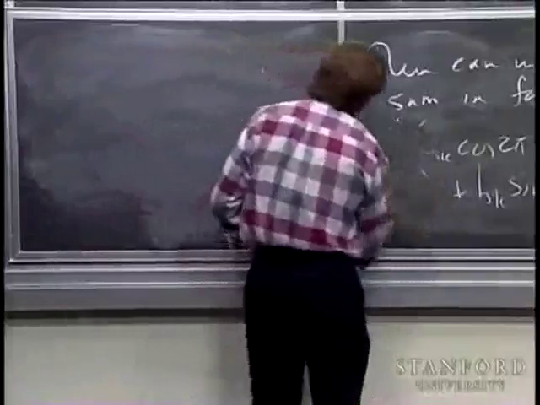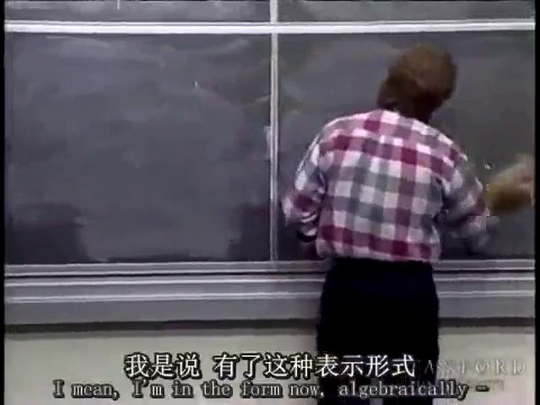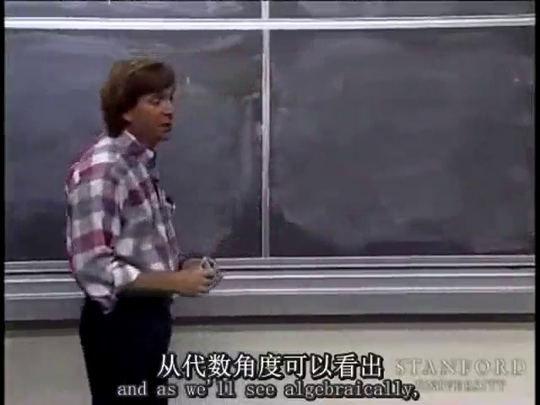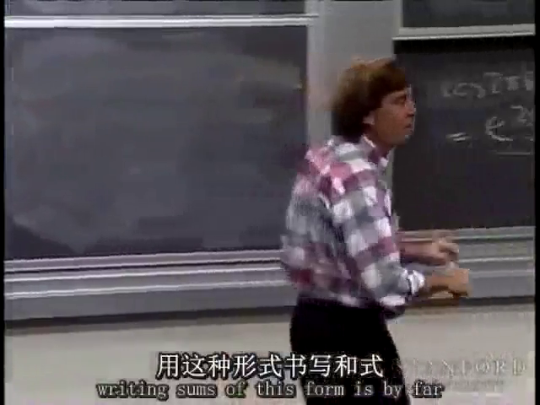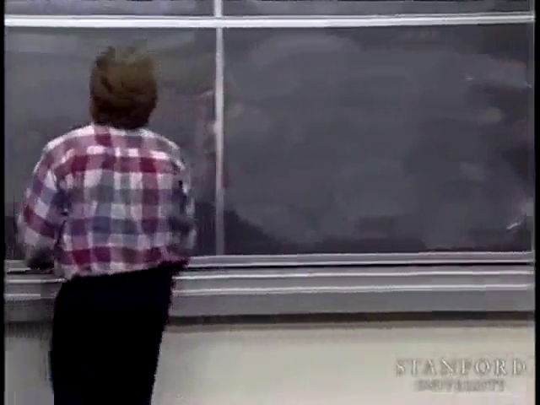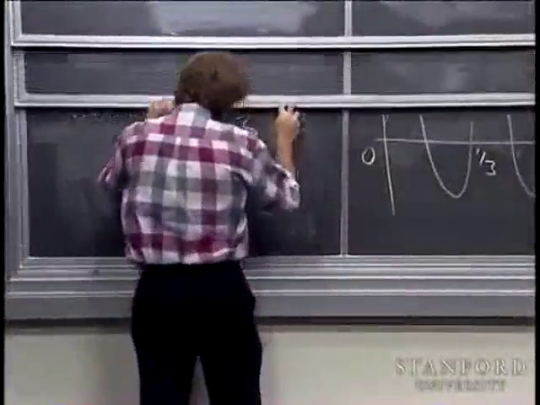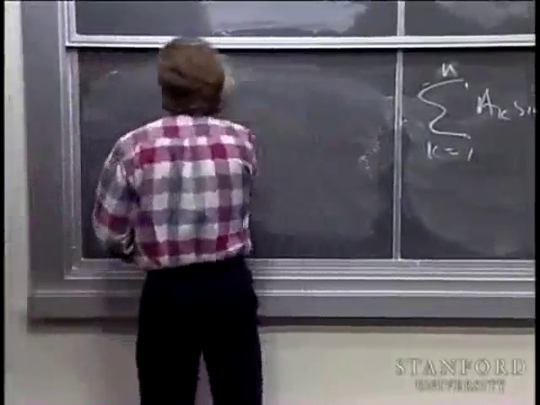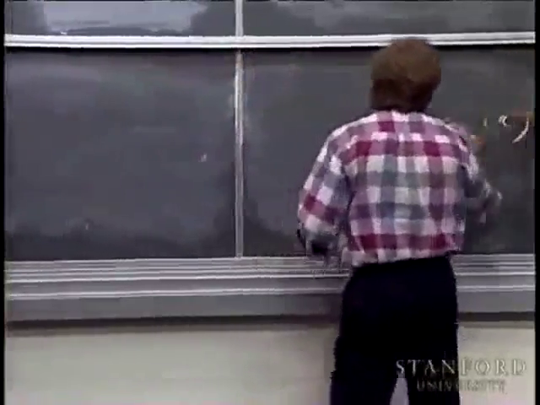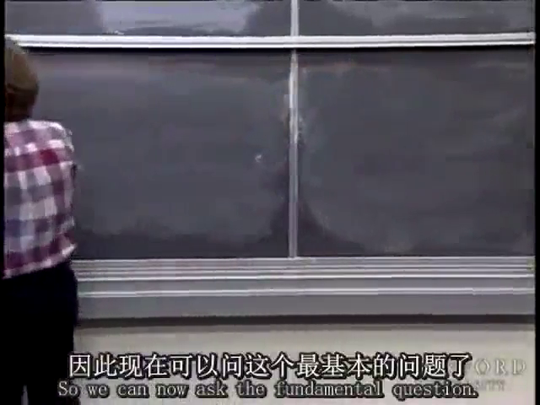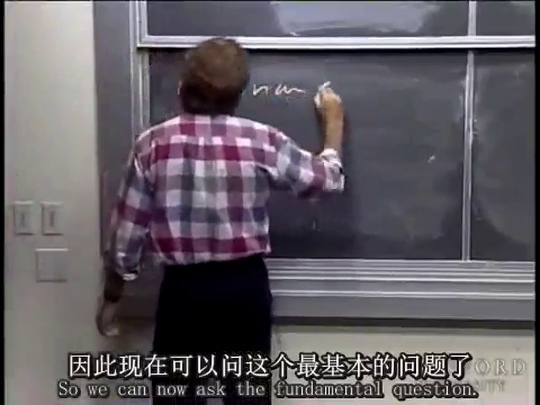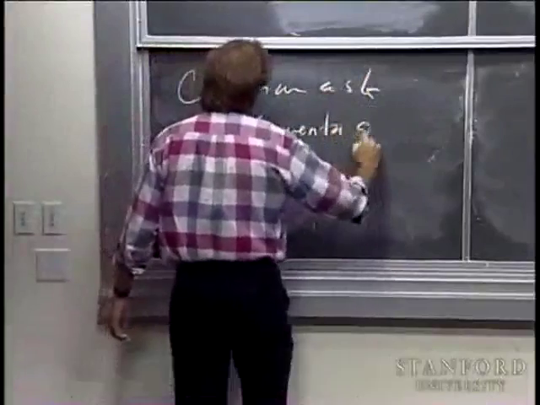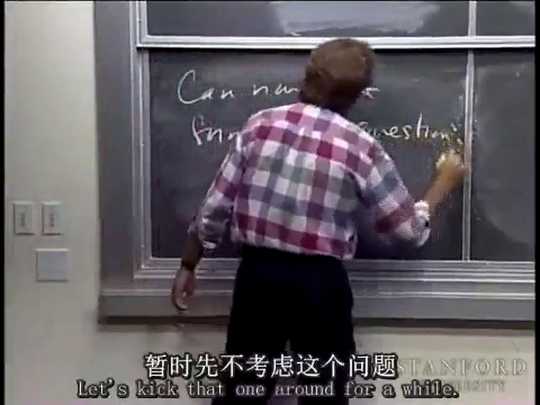I'm in the form now, algebraically, where I can ask the question, and as we'll see, algebraically, writing sums of this form is by far the easiest way to approach it. So we can now ask the fundamental question, why is there something rather than nothing? Let's kick that one around for a while.